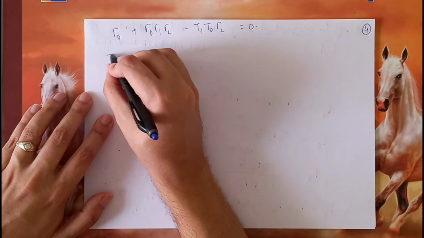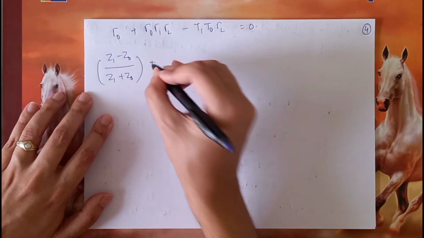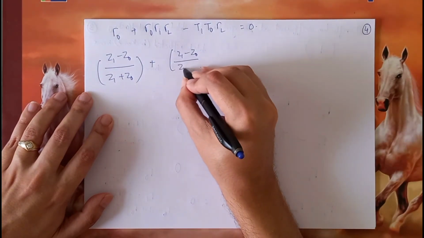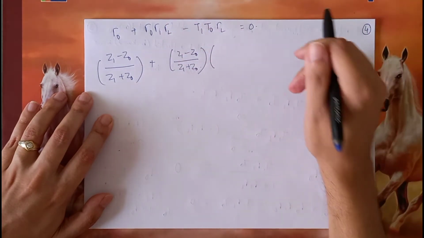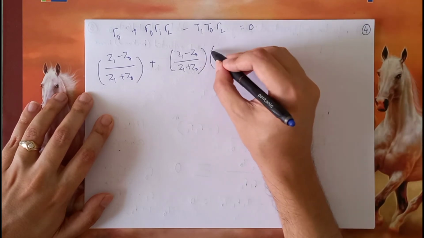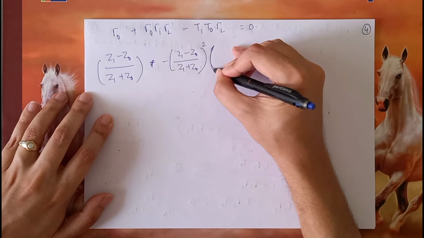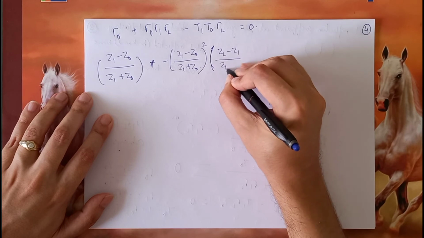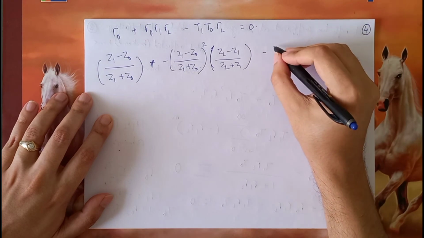So gamma 0 is Z1 minus Z0 divided by Z1 plus Z0, plus Z1 minus Z0 divided by Z1 plus Z0, and gamma 1 is just the opposite of this, so you can actually say minus with a square. Gamma L is ZL minus Z1 divided by ZL plus Z1, minus T1 T0.